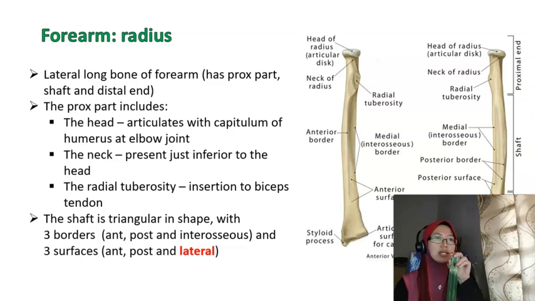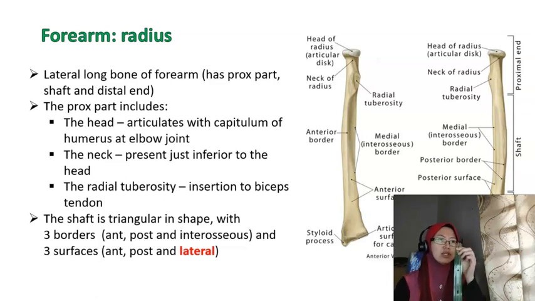You should bear in mind that for radius, the proximal part and distal part. The head of radius is at the proximal part, but it is the smaller part as compared to the distal end of radius. You get what I mean?